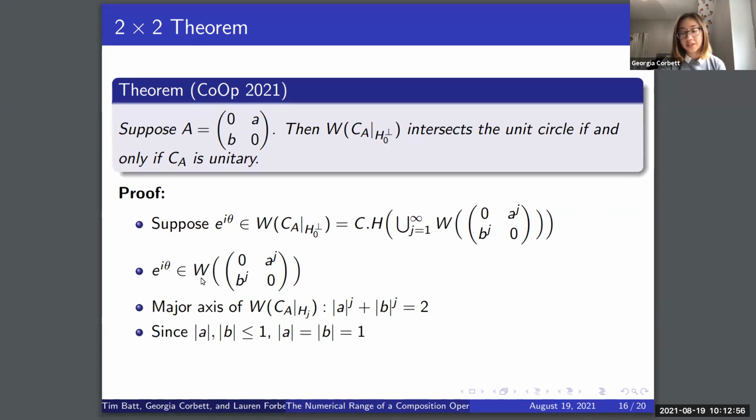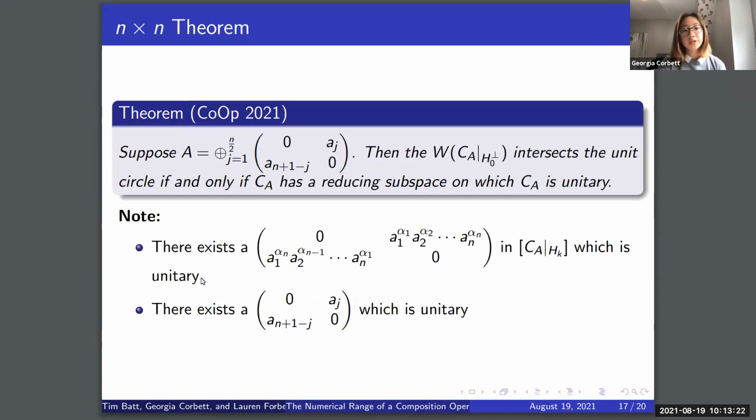Because we already have the condition that the modulus of A and the modulus of B both have to be less than or equal to 1, we are left with the modulus of A and the modulus of B both equal to 1. And because of that, we can show that A is unitary, and thus the composition operator is unitary as well. The reverse direction of this theorem can easily be shown in a similar fashion.